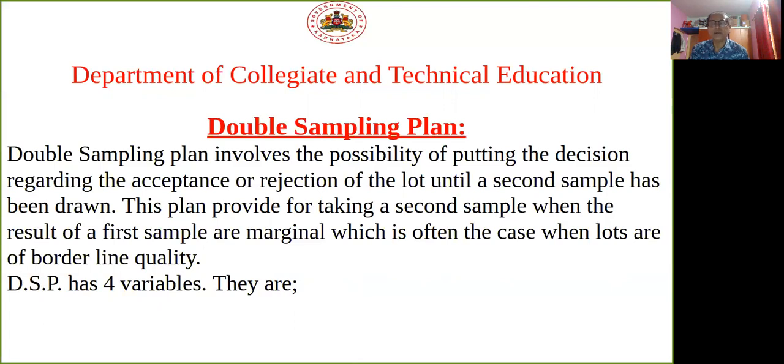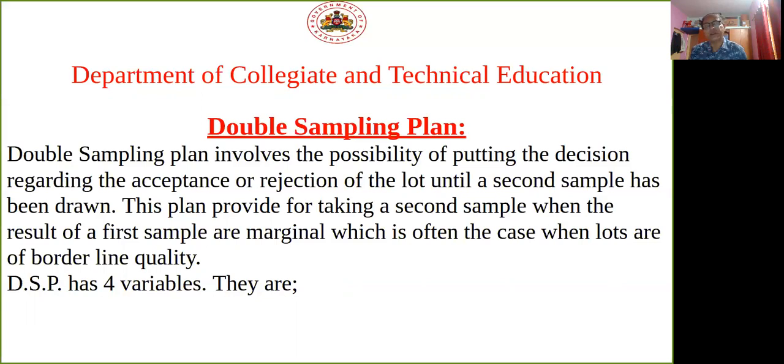Then we have studied the construction of the OC curve. As you know, we can construct the OC curve by two methods. One is by taking the values directly from the statistical tables, and then we can plot the curve. We will get the OC curve.